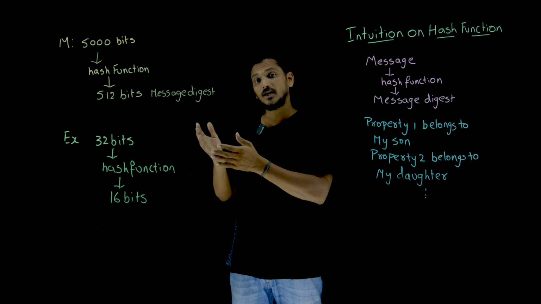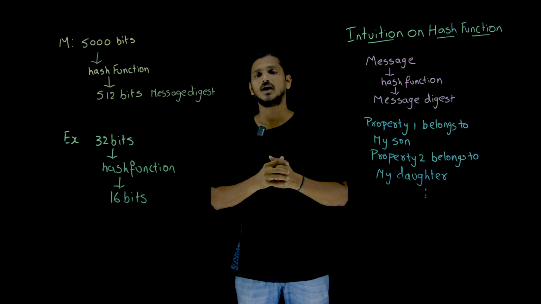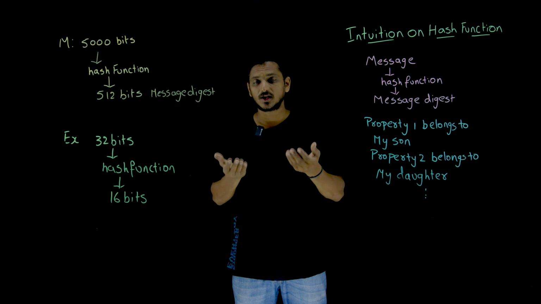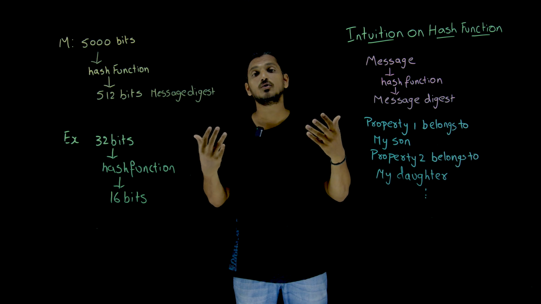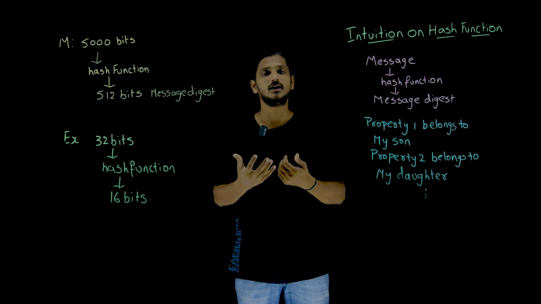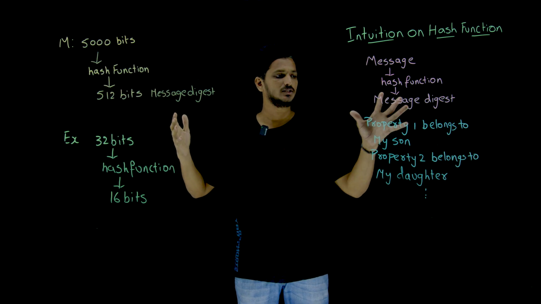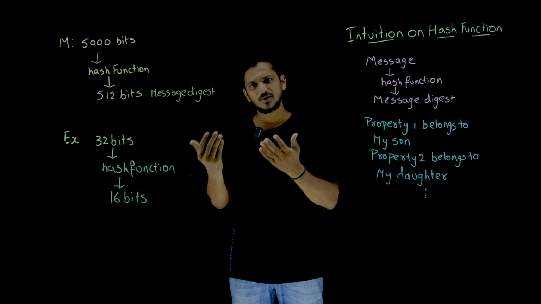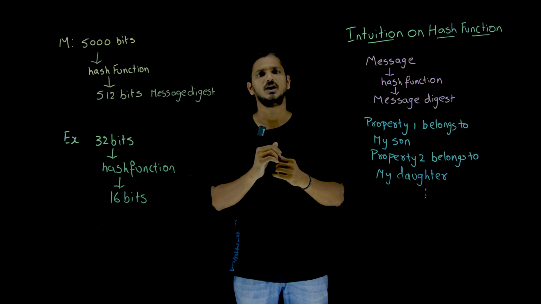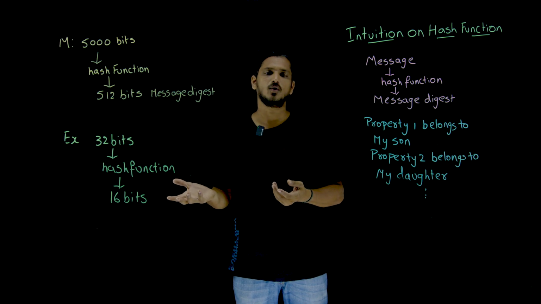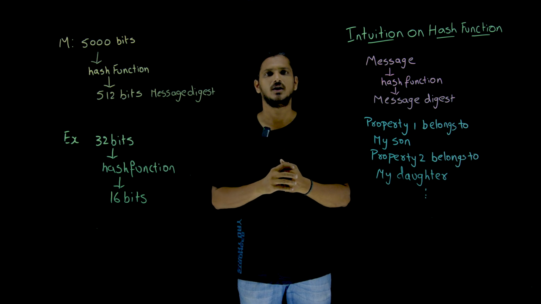In our design and analysis of algorithms playlist, we discussed that for an exponential algorithm with size 2 power 1000, it would take 15 to 20 years for our latest systems. But here you have 2 power 5000. Even if you make the minimum message length 1000 bits, it is not possible to identify the equivalent message which gets the same message digest.